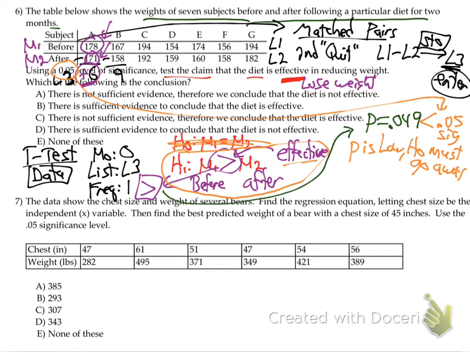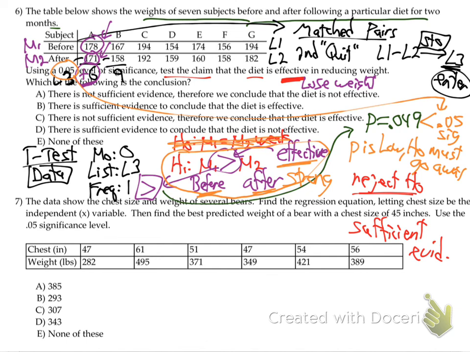which means we believe the diet is effective. The before weight is greater than the after. And this is always strong evidence, isn't it? The H0 would have been weak evidence, like always. H0 is always weak, and H1 is always strong. But we canceled out H0. We rejected the null, didn't we? Reject the null, sufficient, strong evidence.